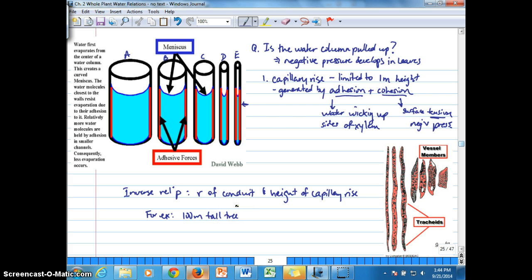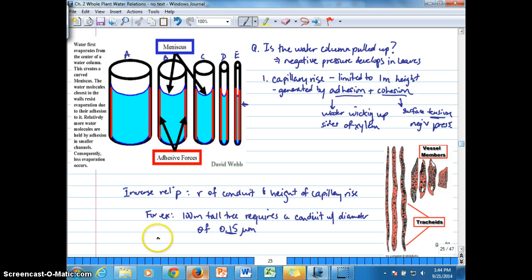To have water be transported from roots all the way up to the leaves by capillary rise alone would require a conduit, like a vessel element, for example, with a diameter of 0.15 micrometers. And if we reflect back on the diameters of tracheids versus vessel elements, we remember that tracheids have a diameter of 10 to 50 micrometers, vessel elements starting with 40 on up to 60, even up to 500 micrometers. So there are no vessel elements or tracheids with this diameter.